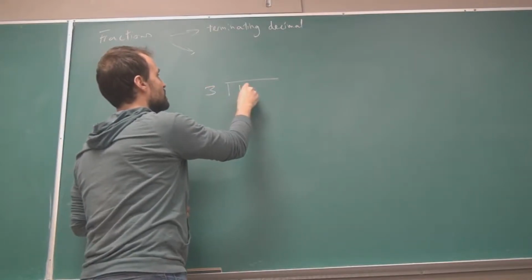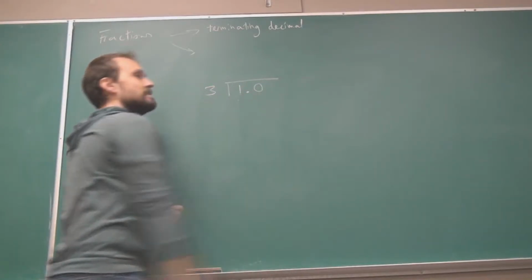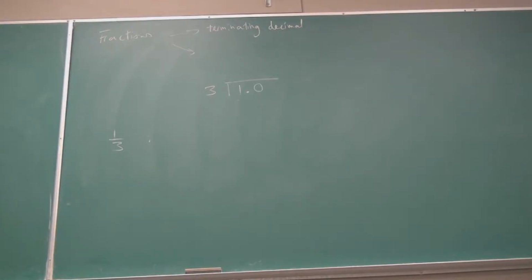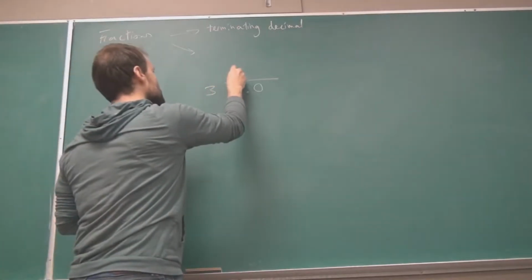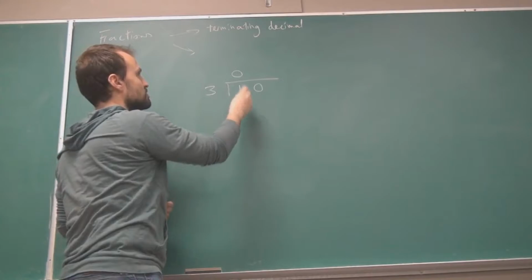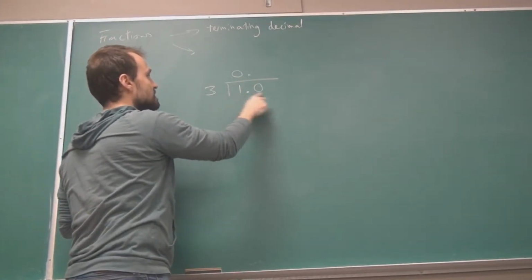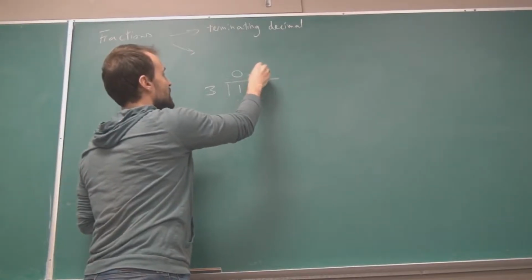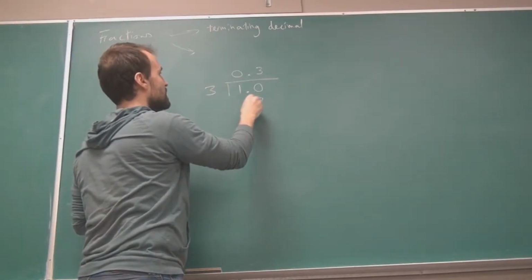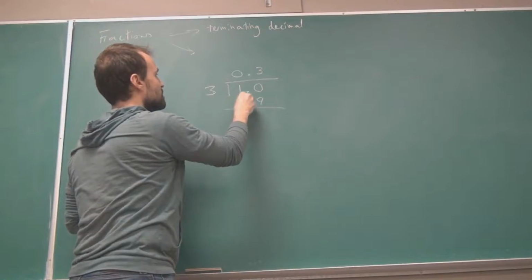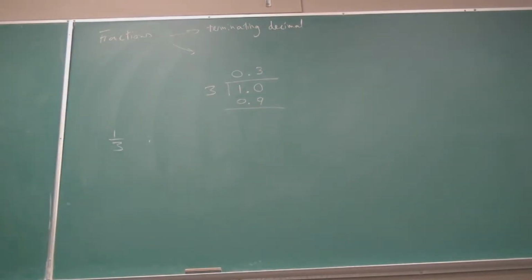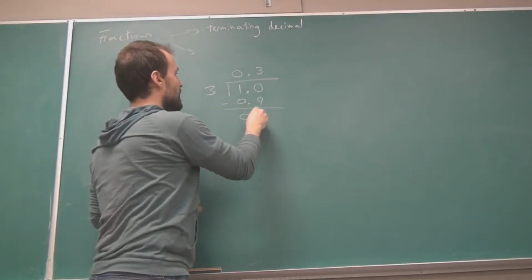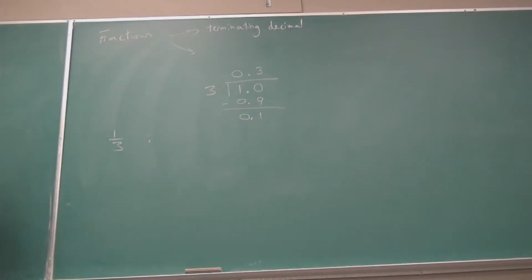So 3 doesn't go into 1. So I'm going to add a decimal and a 0. So 3 goes into 1 0 times, and then I haven't used anything. Now I see this as a 10. 3 goes into 10 3 times. 3 times 3 is 9. Take it away. I'm really subtracting 1 minus 0.9, and I have 0.1.